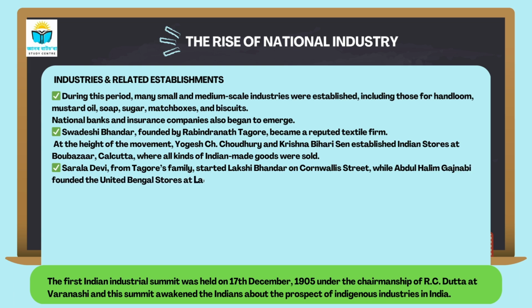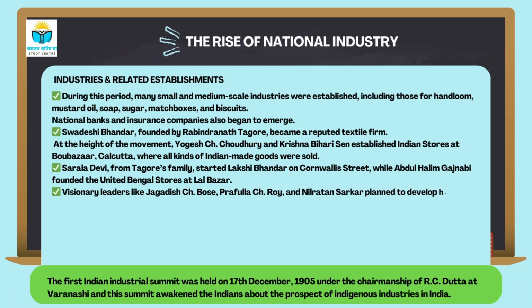Visionary leaders like Jagadish Bose, Prafulla Ray, and Nilratan Sarkar planned to develop heavy industries in Bengal to promote self-reliance. As a result, Bangalakshmi Cotton Mill was founded on 1st August 1906 by Nilratan Sarkar.